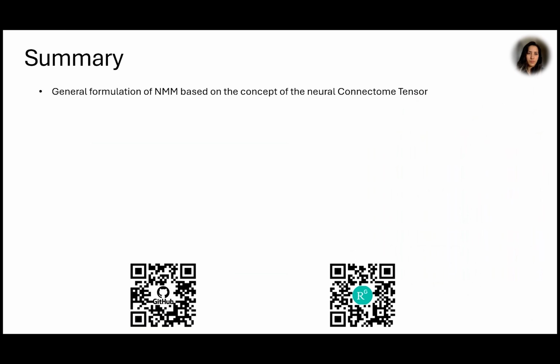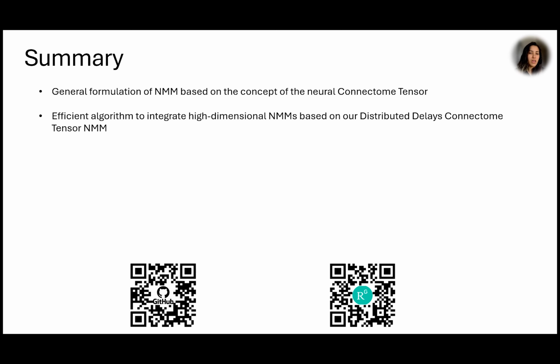To summarize, this work covered a general formulation of the neural mass model with a focus on the neural connectome tensor concept, and efficient algorithms of the distributed delay connectome tensor neural mass model were presented for integrating high-dimensional neural mass models.